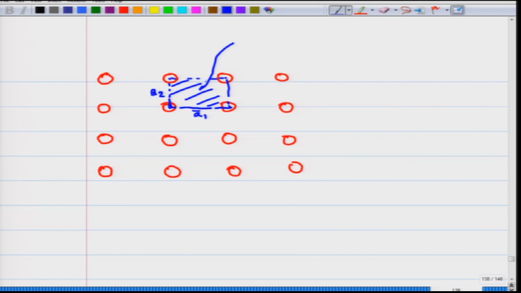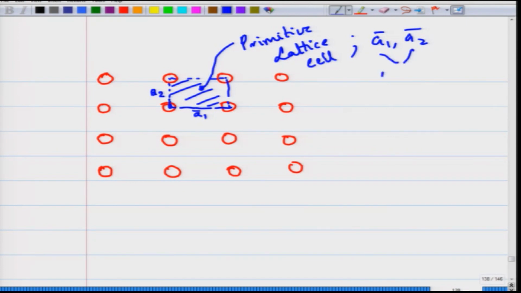This is my primitive lattice cell, and a1 and a2 which form the sides of this primitive lattice cell are called the primitive translation vectors. So, the smallest or minimum volume that I can have inside this lattice, which is defined by these a1 and a2, forms the primitive lattice cell, and these are called the primitive lattice vectors.